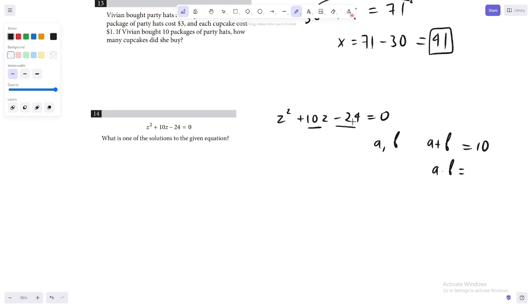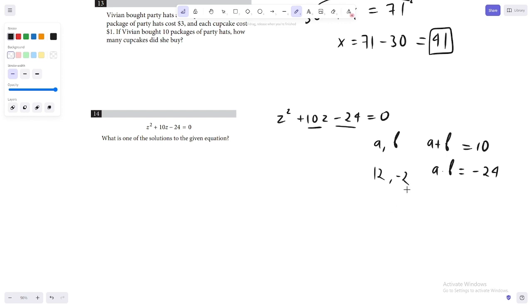Don't forget the sign, by the way. Get minus 24. So thinking about it, two numbers come to my mind. So 12 and minus 2. So you multiply them, get minus 24, and you add them, you get 10.